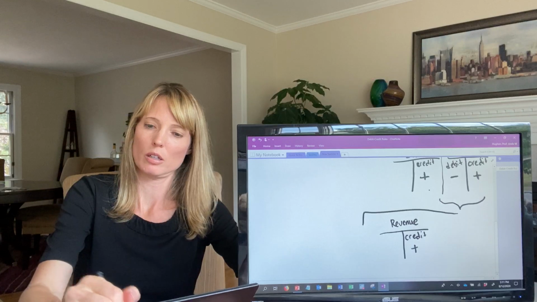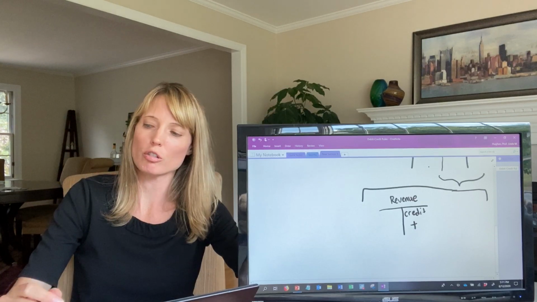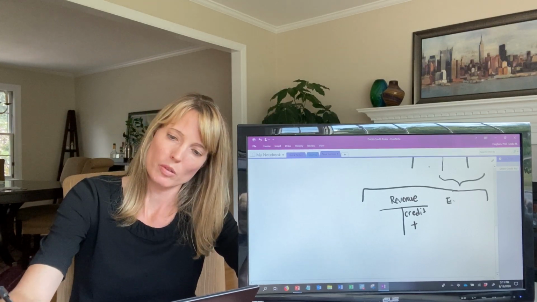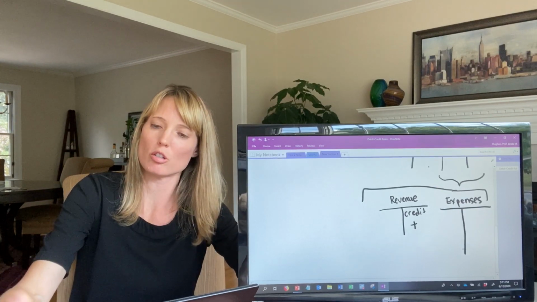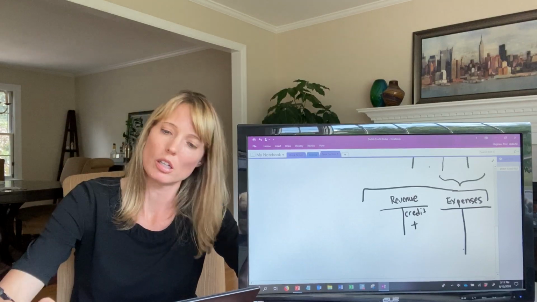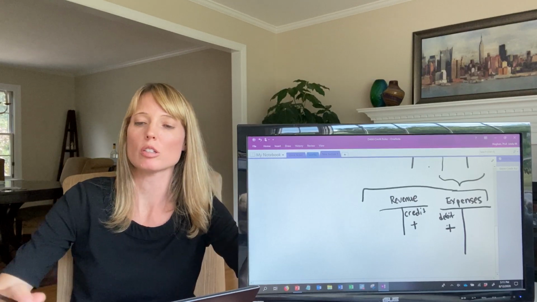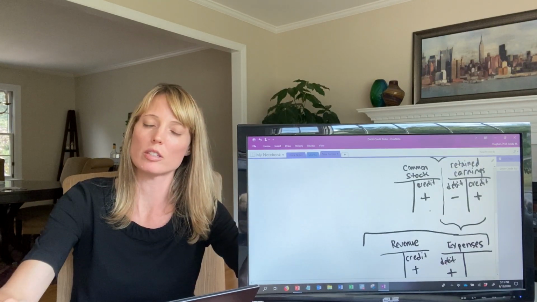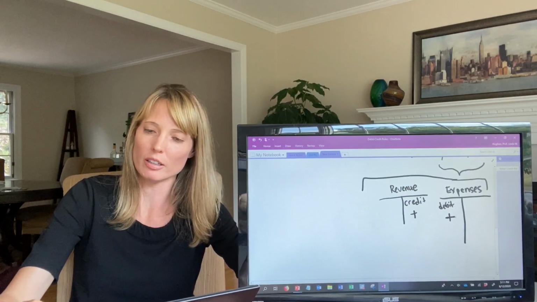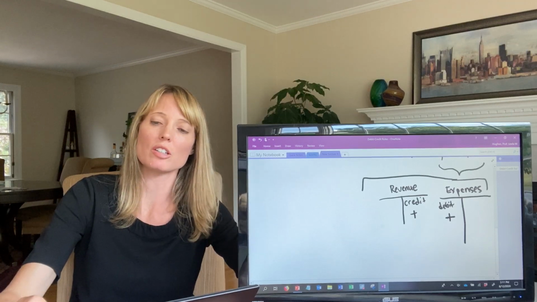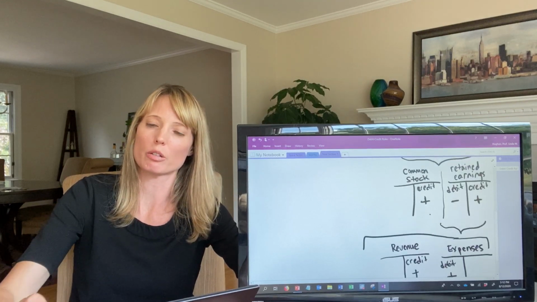Okay, so we're looking at our retained earnings section: revenues to increase retained earnings. Expenses. What do expenses do to retained earnings? Do they increase or decrease retained earnings? Expenses decrease retained earnings. How do we decrease retained earnings? With a debit. Oops. So we see this plus sign, let's say increase expenses, and remember, expenses then decrease our retained earnings.